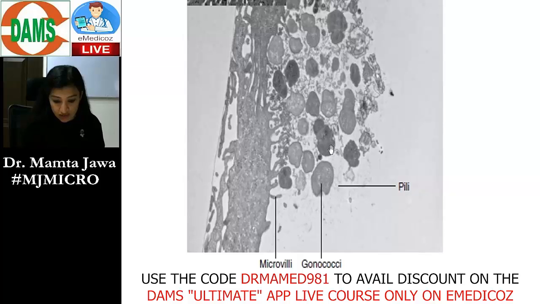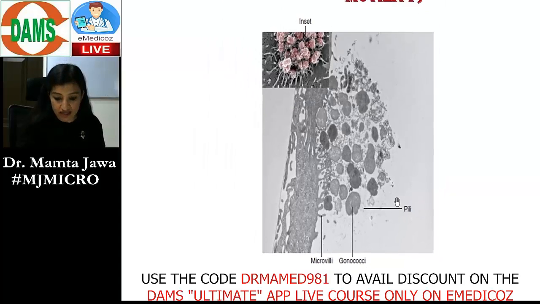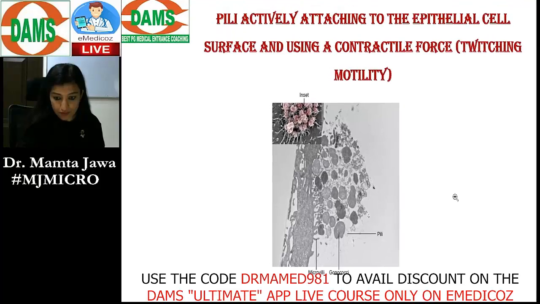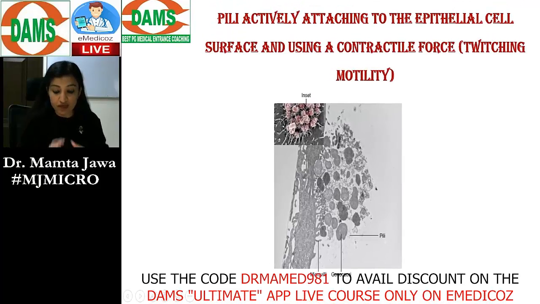So you can see over here, this is the gonococcus, and these are the pili which are helping it to attach to the host cells. Okay. And basically the pili are used by gonococci to attain motility using a contractile force. So this is a peculiar feature of gonococci. Remember this.